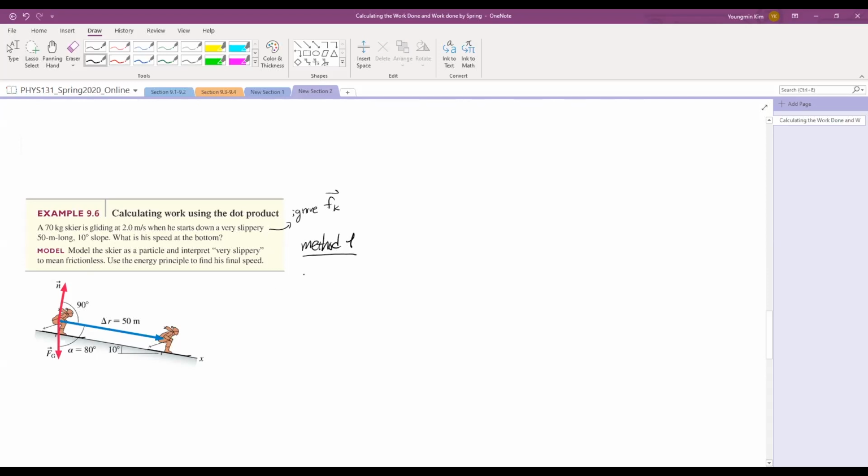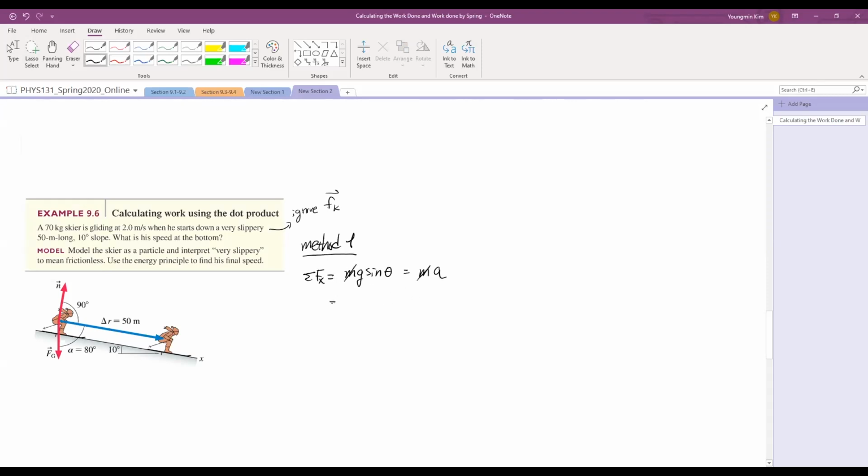So in the tilted axis scheme, let's call this direction positive for now. You have the force of gravity, which is mg sine theta. And that's it, right? Because friction is negligible, that is causing this person to accelerate like this.